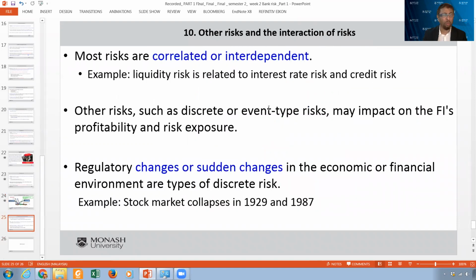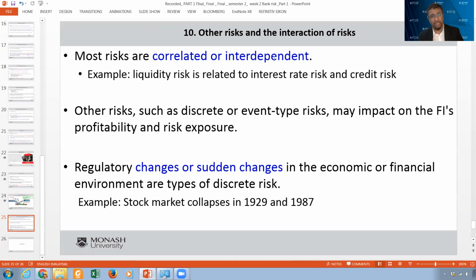Finally, we'll talk about interaction risks, and this is a fact of life. All those risks have marginal distributions, which means that a credit risk was created from some type of market risk.